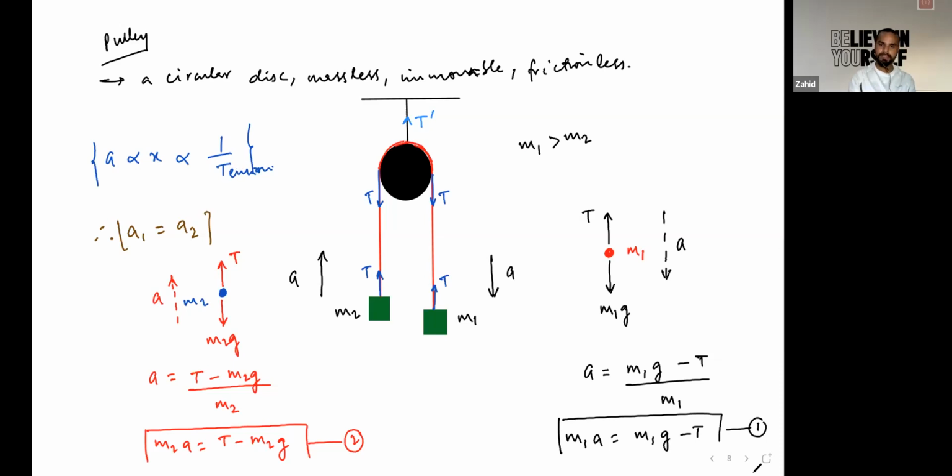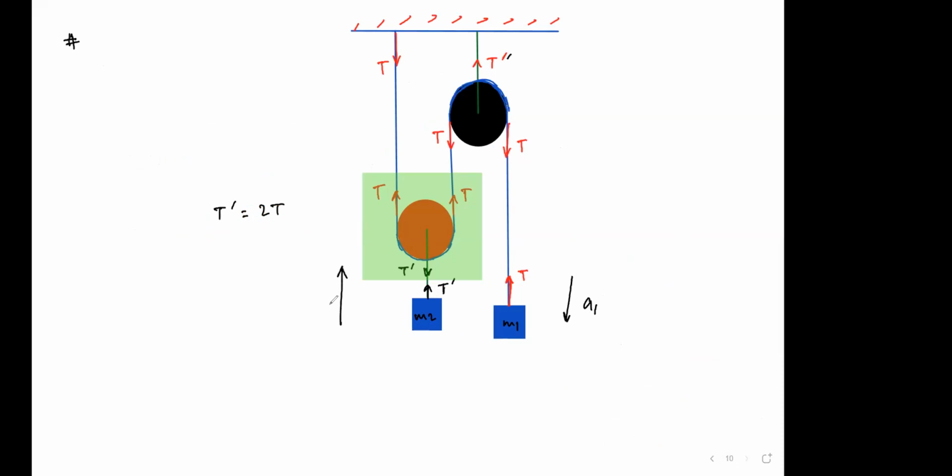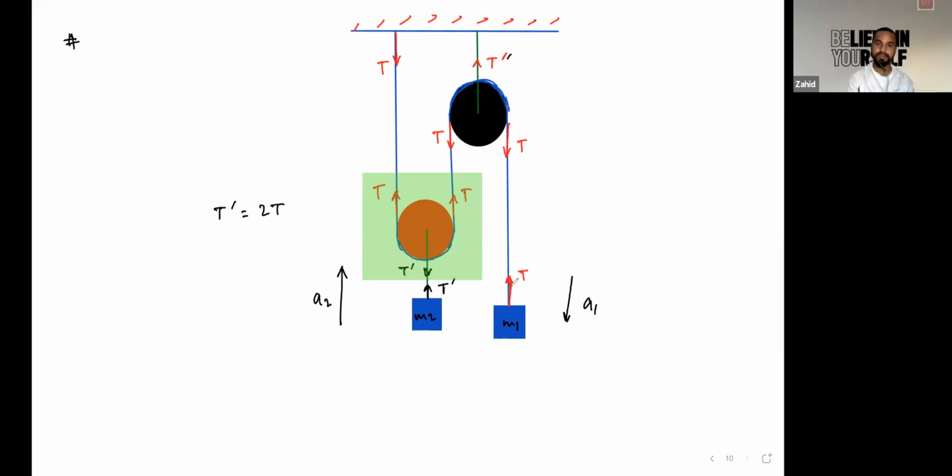Is it clear? So from this, you would say, since in this block, acceleration is twice as compared to this block, so there's a relation inversely to its acceleration. So if this block is going along down direction by some acceleration A, and this block is going up by some acceleration A, this acceleration would be twice of this acceleration. So let's say this is A, so this must be 2A.